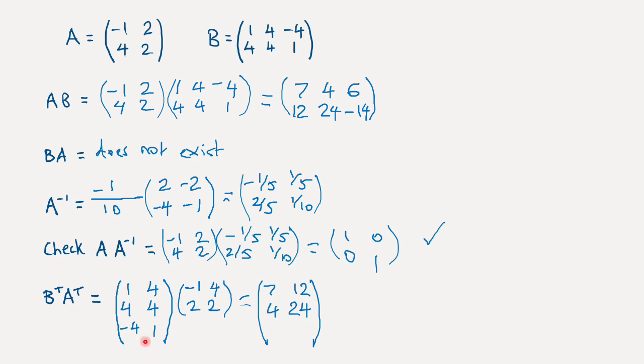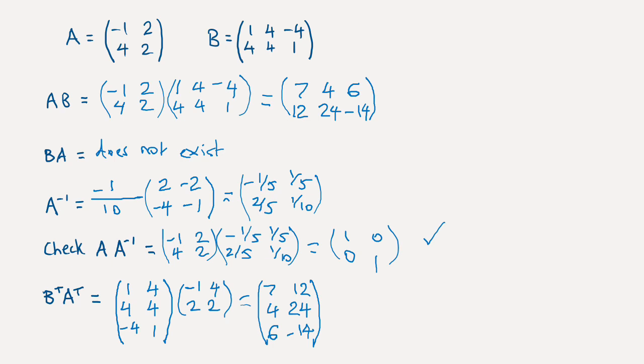And then third row, first column, so we'll have 4 plus 2, have 6. And then finally third row, second column, we'll have minus 16 plus 2, we'll have minus 14.